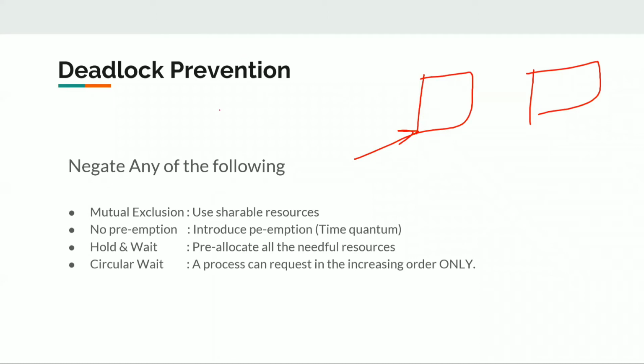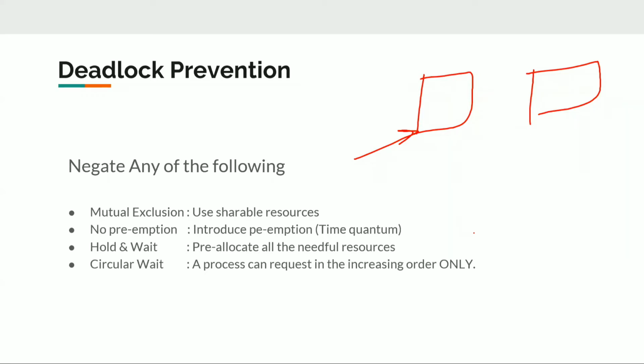So hold and wait is interesting. What hold and wait says is, pre-allocate all the needed resources. For example, my process P1 is in the ready queue, and before starting execution, the process says I need resources R1, R2, and R3. So what will the operating system do? The operating system will pre-allocate these resources to the process before executing it.